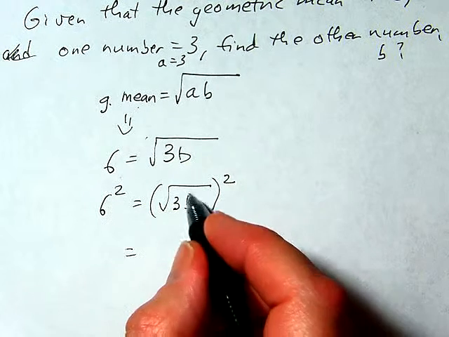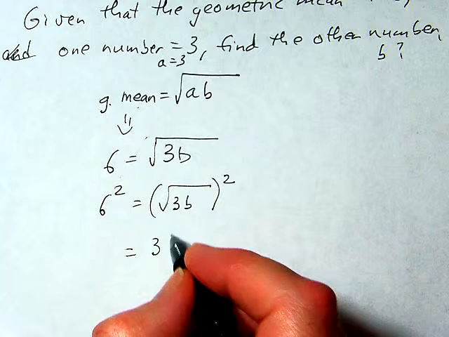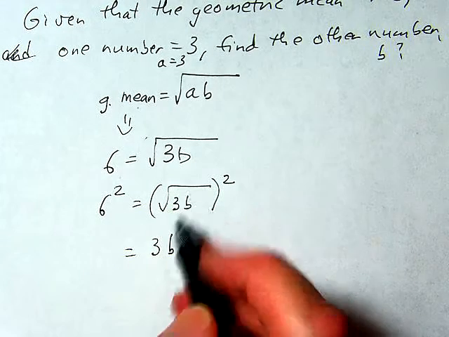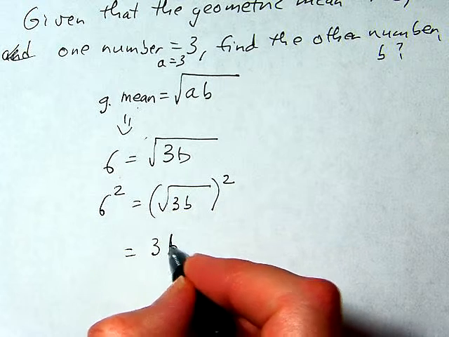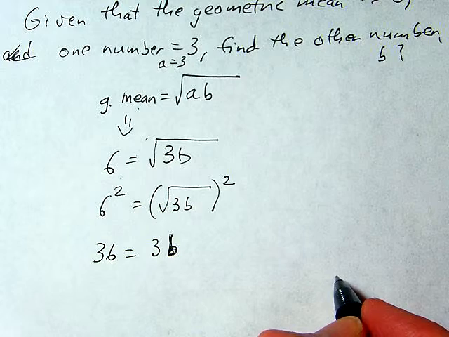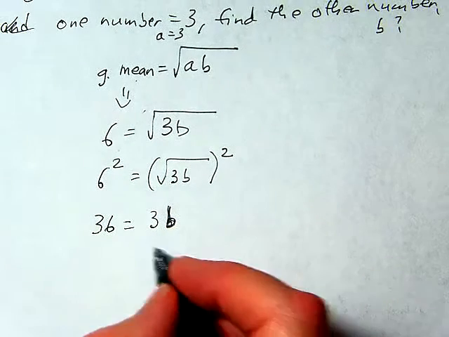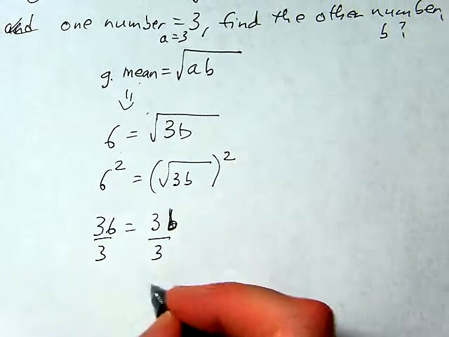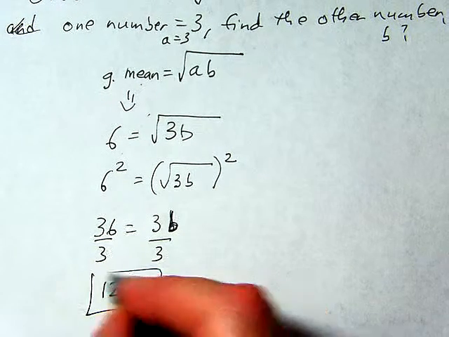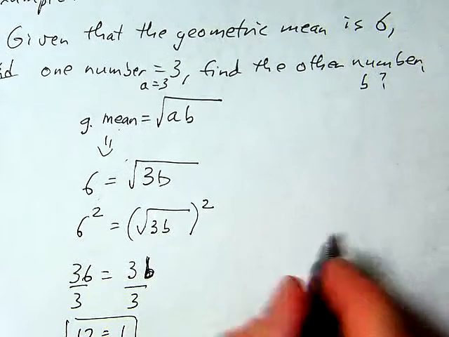So the radicand, which is the number underneath, is all that remains. That really simplifies things. So we have 3 times b, this is the letter b, equals 36. Well, at this point, all we have to do is divide both sides by 3, and we get b equals 12. Okay, so our answer is the other number is 12.